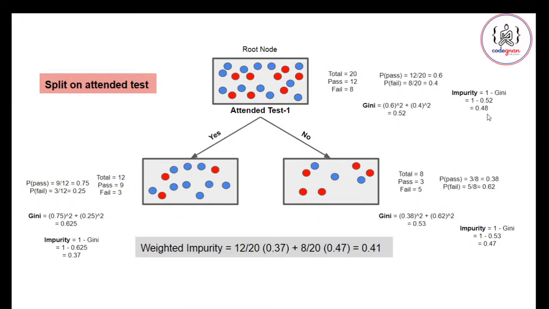So our impurity has decreased after splitting on attended test here, right? So we have decreased this impurity.